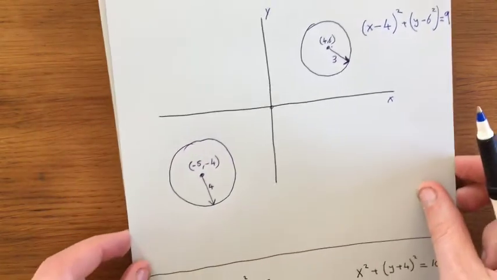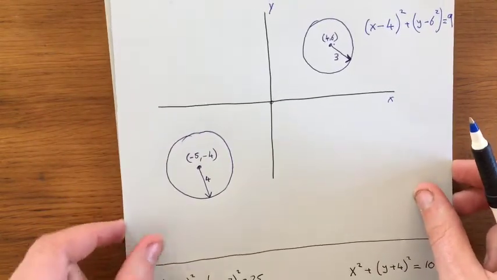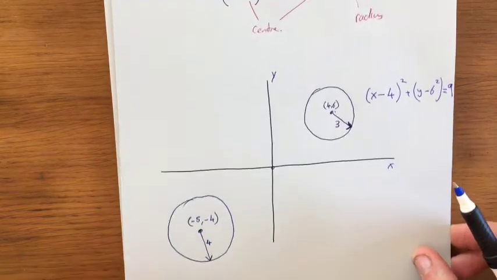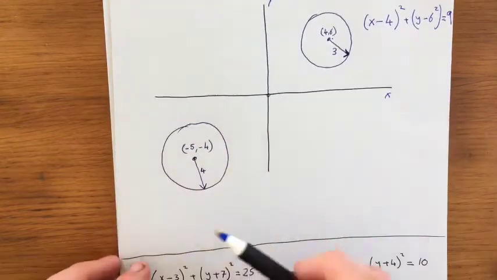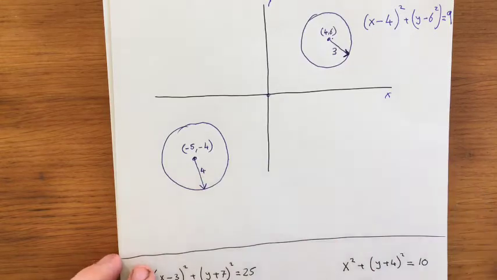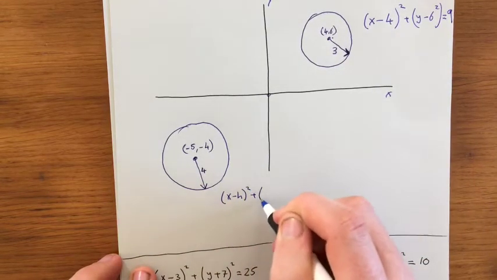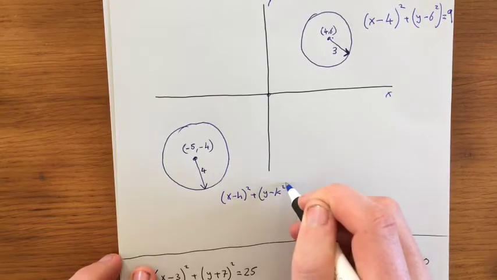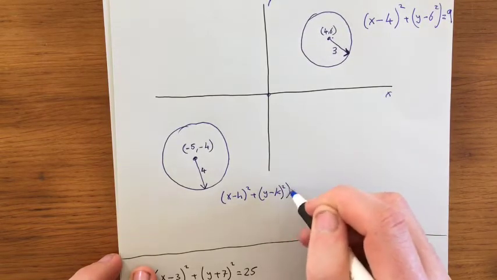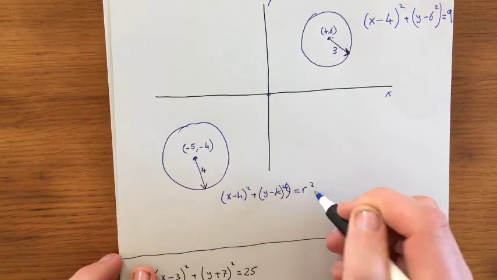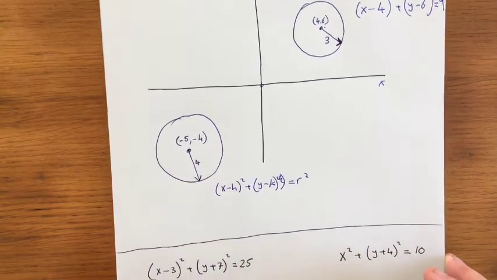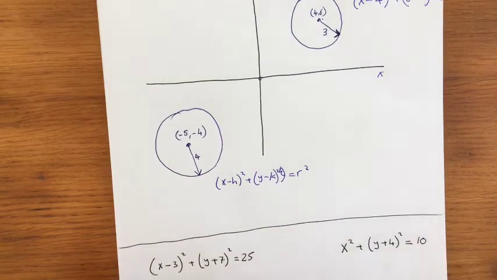Let's go down here to this circle. Once again, the center is not on 0, 0, so the equation we're going to use is (x minus h) squared plus (y minus k) squared is equal to r squared. Again, we just need to fill it in, but you have to be careful.